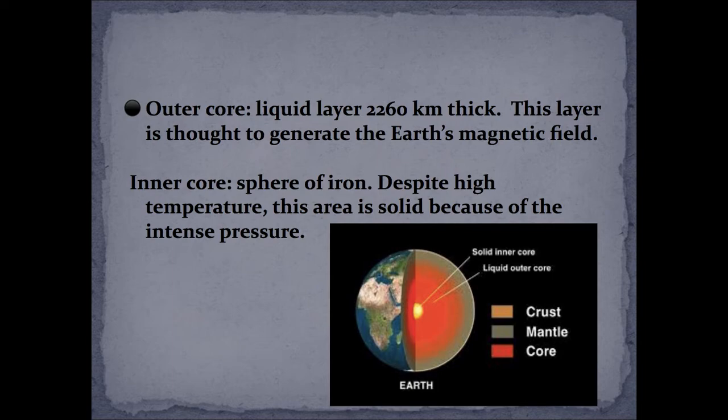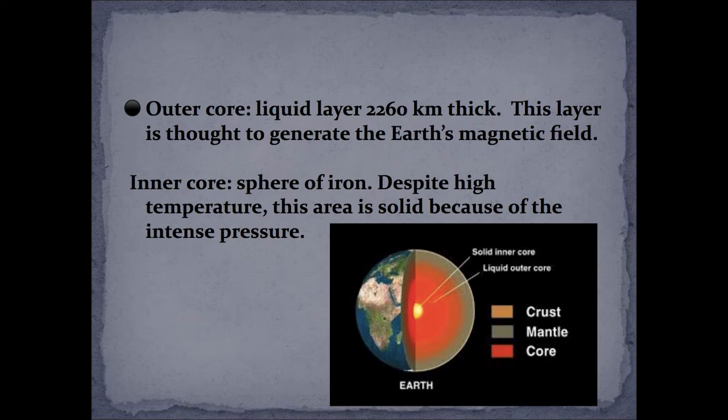The outer core is important to us because it generates our magnetic field. If you remember from astronomy, we talked about the sun. The sun actually produces radiation that we don't necessarily want to receive here on Earth.